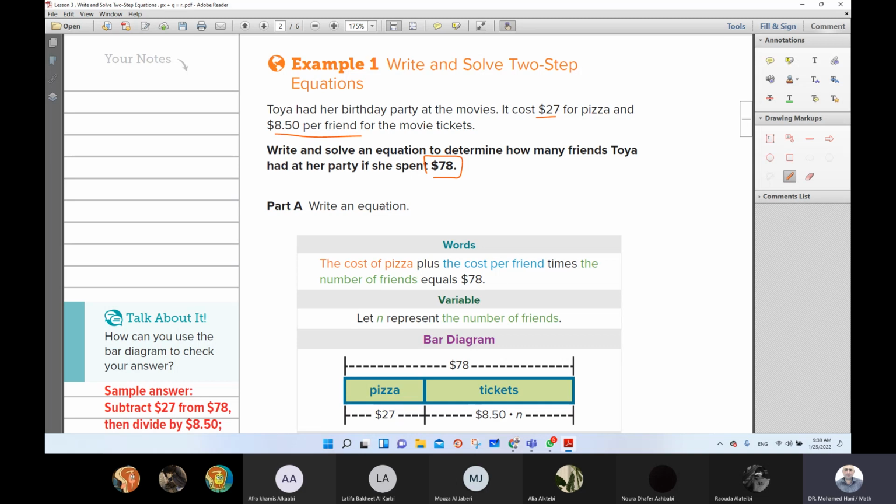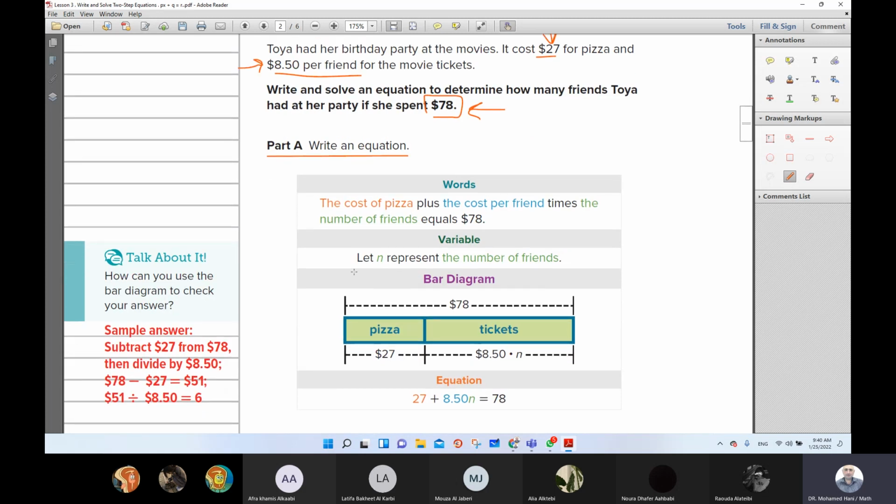To solve this problem, at first we want to write an equation. From the question, the cost of pizza, and means plus, the cost per friend times the number of friends equals 78.